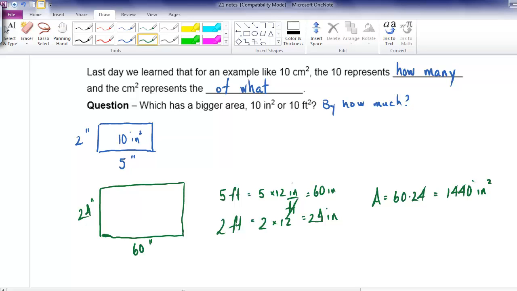So obviously, 10 square feet is bigger than 10 square inches. And then the question is, well, how much bigger is it?